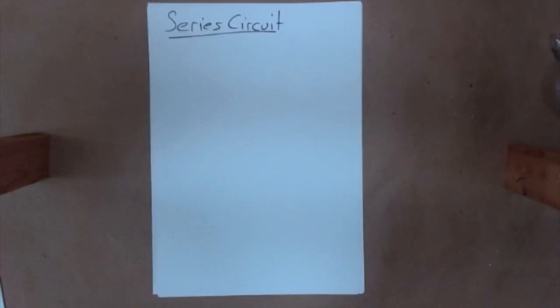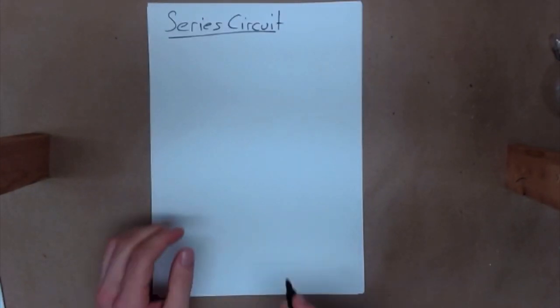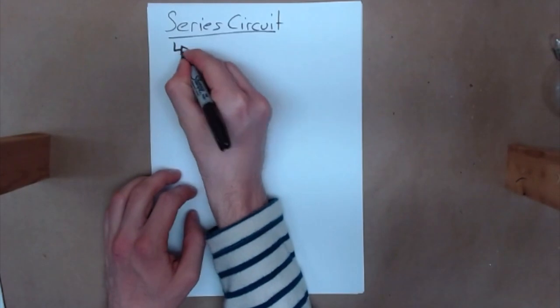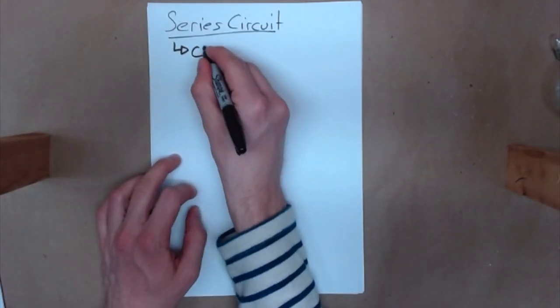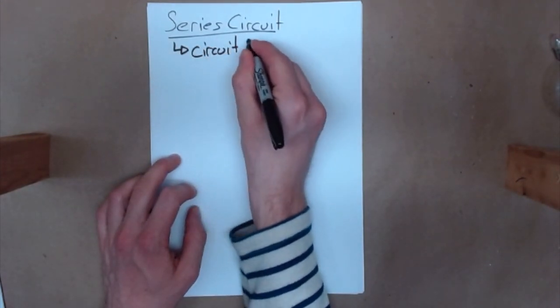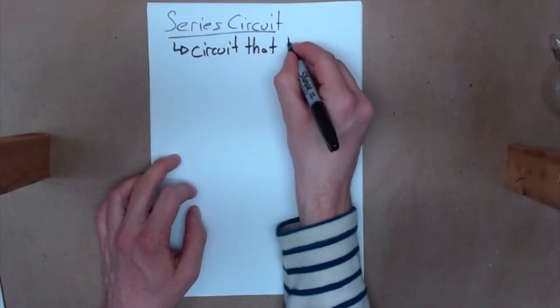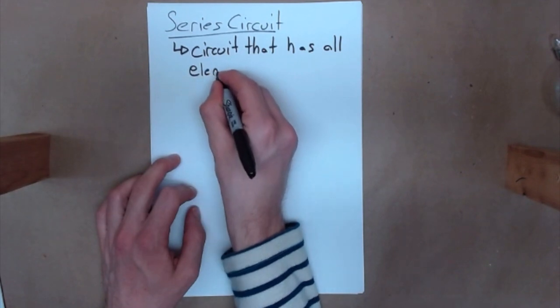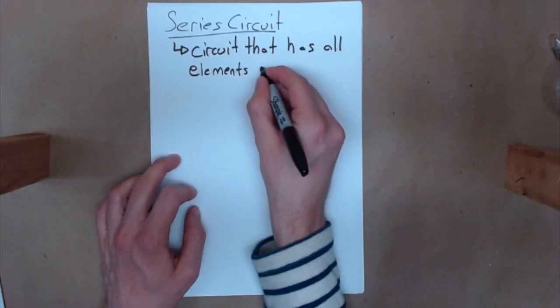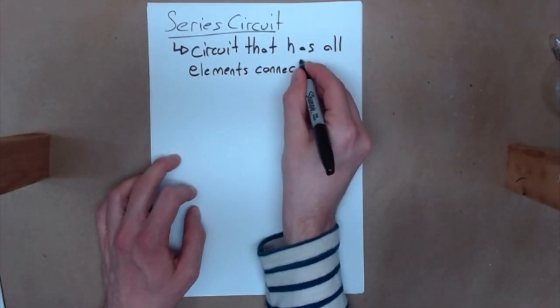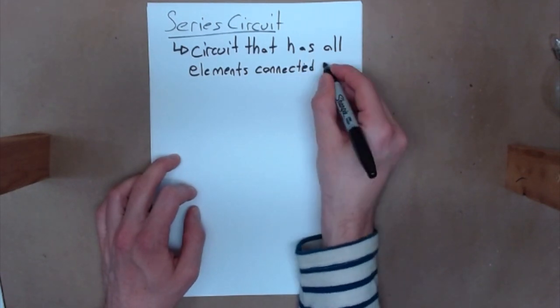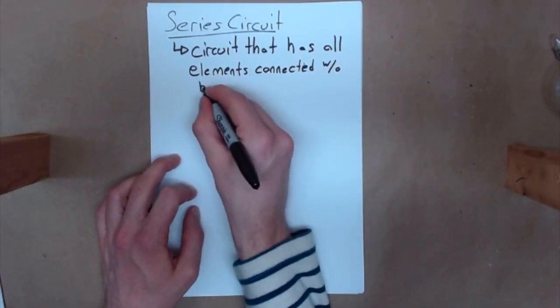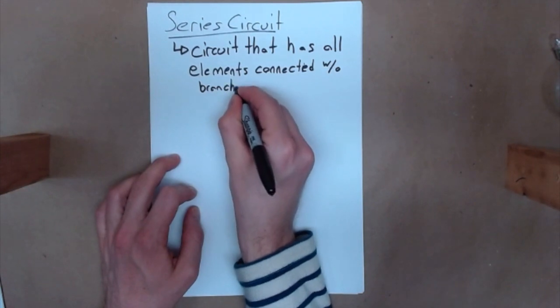So the type of circuit we're discussing right now is what's called a series circuit. A series circuit is a circuit that has all elements connected to each other without any sort of branching.